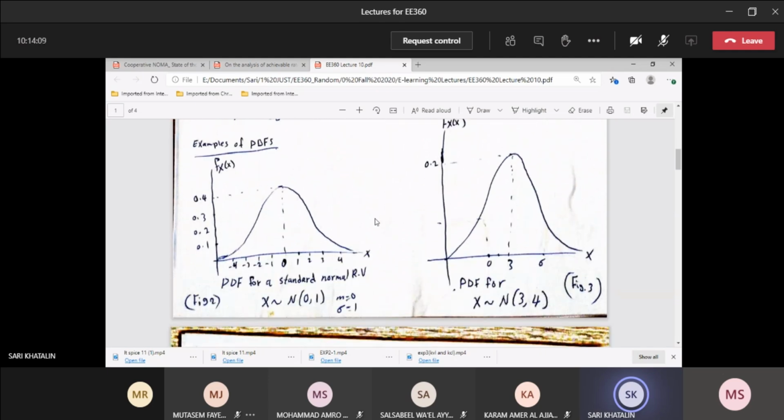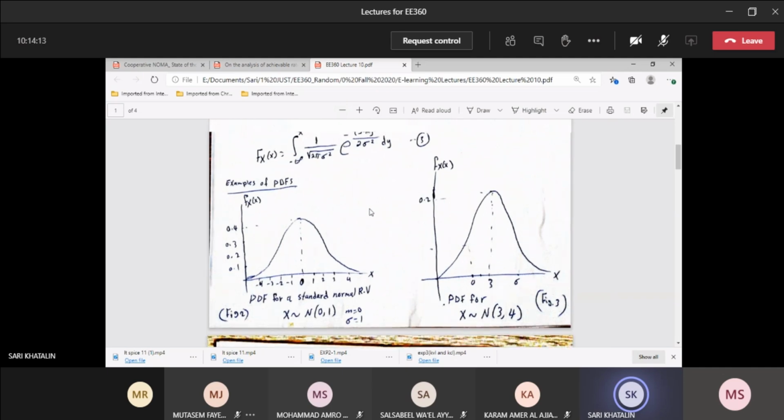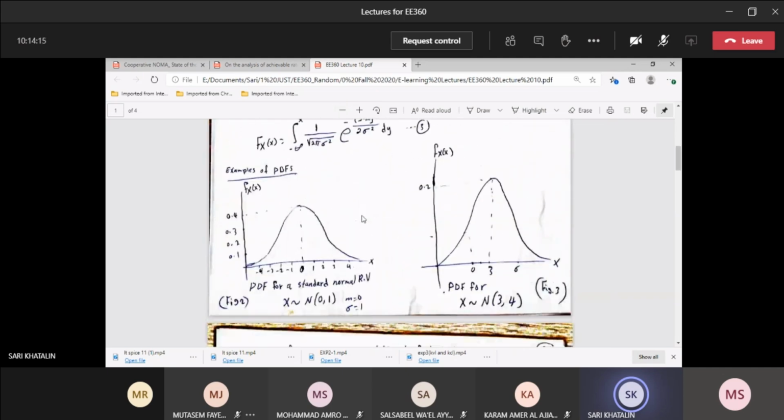At the bottom of page 38, we have two examples where we are plotting the PDF. In the first one, we are given the standard normal distribution, where sigma is equal to 1. In this case, obviously, sigma squared is equal to 1, and m is equal to 0. So when you plot it, it's going to look something like this, as shown in figure 2.